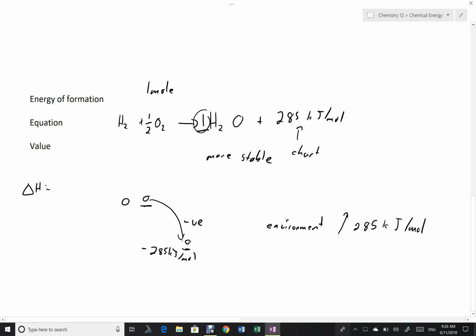Then delta H here is negative 285 kilojoules per mole. So this is a negative heat associated with this reaction, and a negative heat or a negative energy change associated with the reactants. If that's true, that energy is available to the environment, and it means that this is an exothermic reaction.